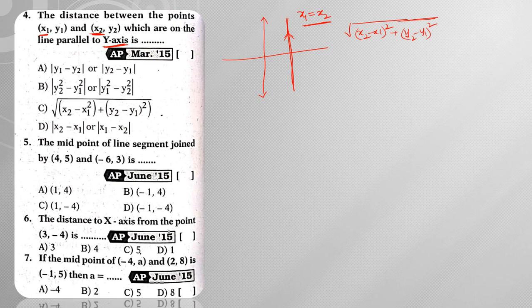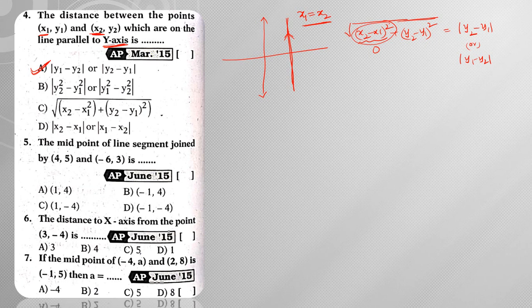So this particular term becomes 0. Then I can write it as modulus of y2 minus y1, or sometimes you can write y1 minus y2 within the modulus. Hence the answer is option A.